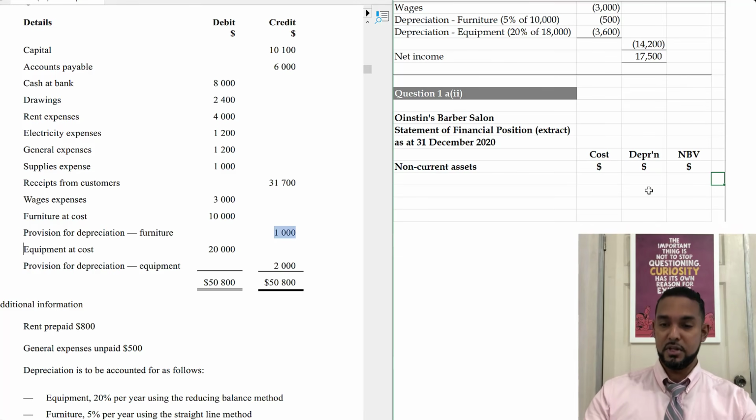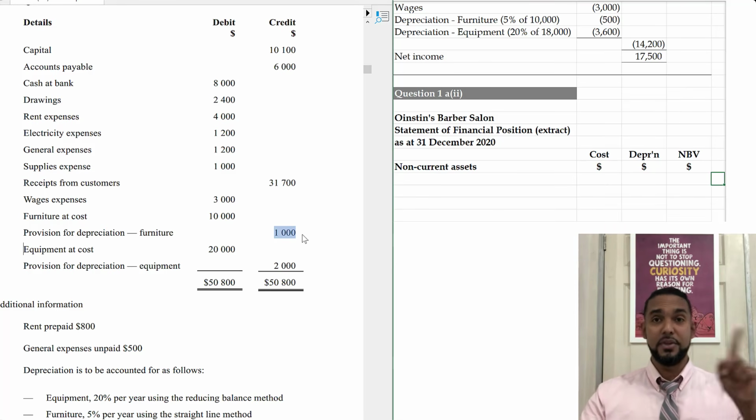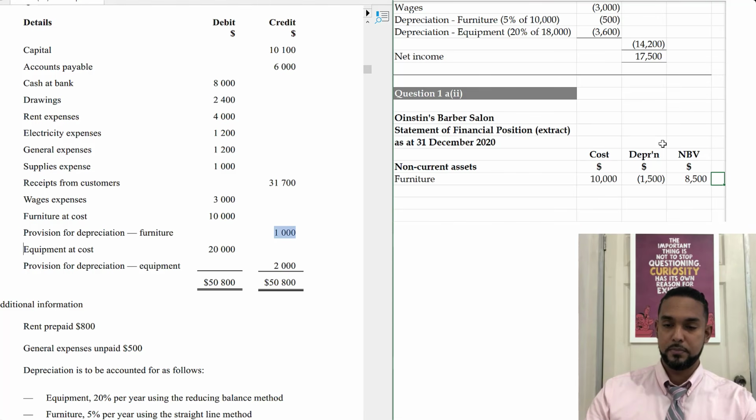So the depreciation that will go in the balance sheet is a combination of the 1,000, which was the depreciation from all the years before the current year, plus the 500, which is the current year's depreciation. So you're going to see 10,000 minus 1,500 equal to 8,500.